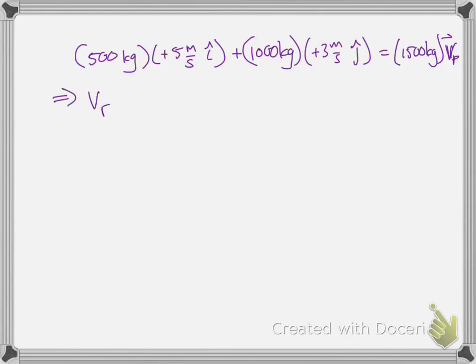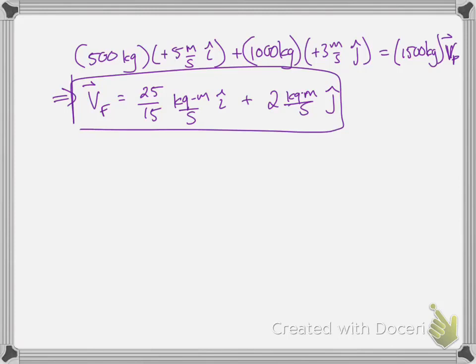We can just solve, divide by 1,500, and we've got, well, I guess we can multiply these out. So we've got 5 times 500 is 2,500 kilogram meters per second divided by 1,500. So it's 25 over 15 kilogram meters per second I, plus 3,000 divided by 1,500, 2 kilogram meters per second J. That is your answer.